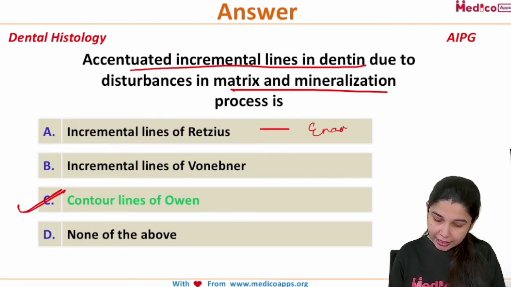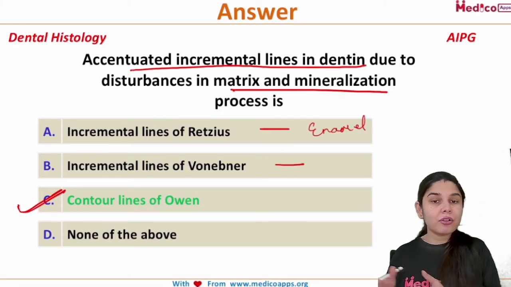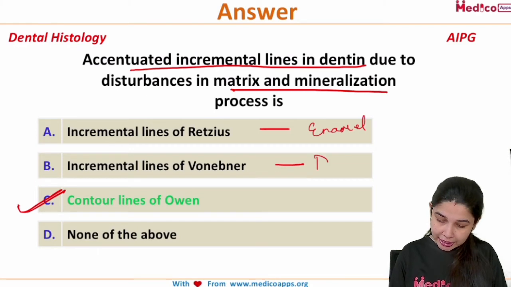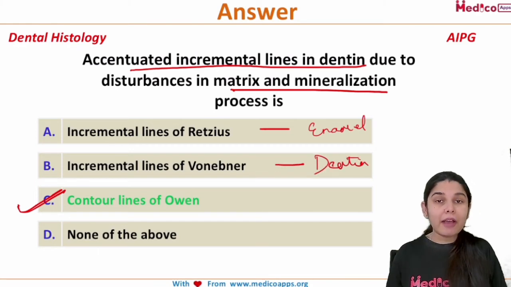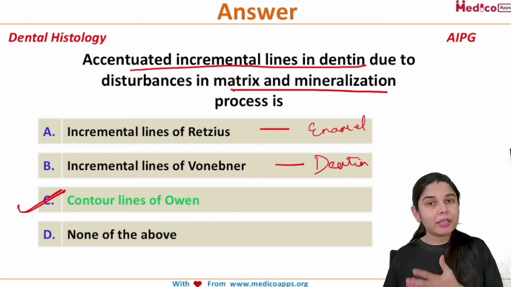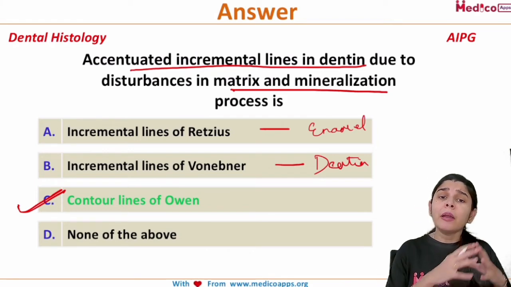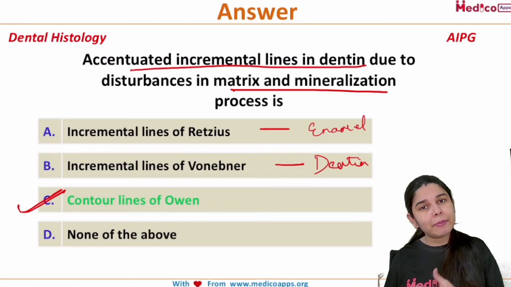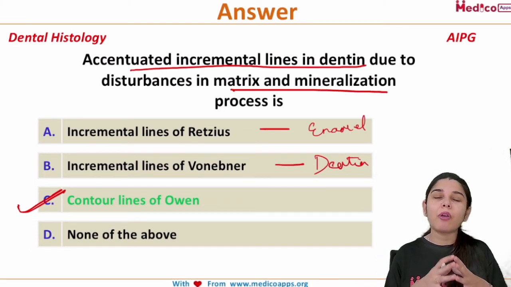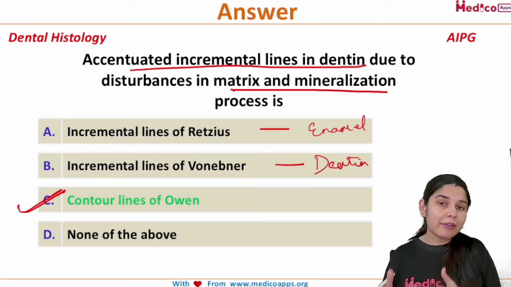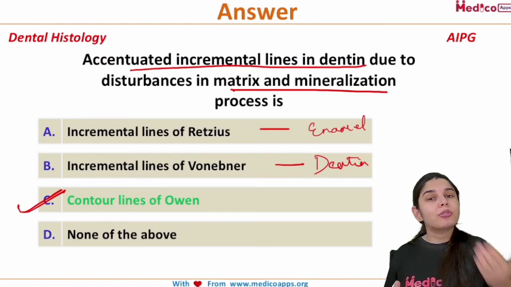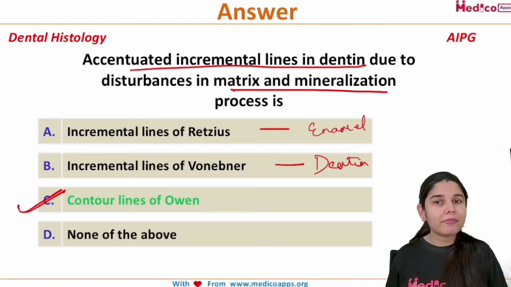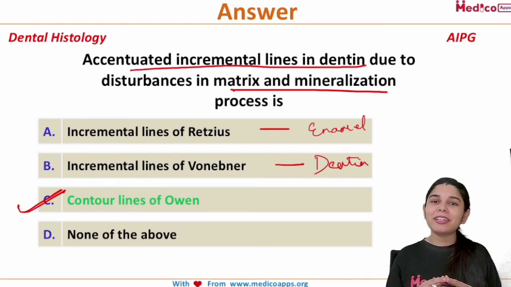They are seen in enamel. The incremental lines of Von Ebner are seen in dentin, but they are normal lines formed during the deposition of dentin formation. But the contour lines of Owen are incremental lines formed due to the disturbance in the matrix and mineralization process. So they appear like a hypocalcified band. I hope you have got this answer.